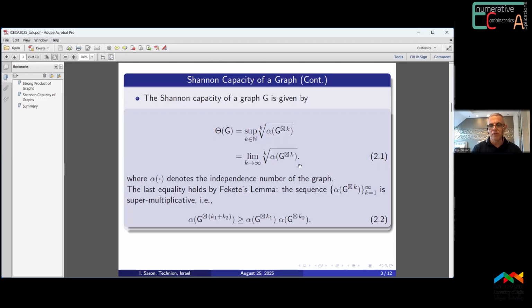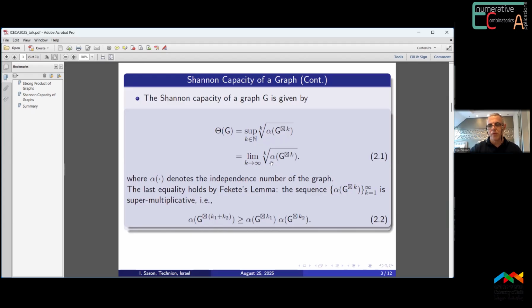This is called the confusability graph, and the maximum rate at which reliable communication is possible with no error at all can be shown to be just this expression, the Shannon capacity of the graph.